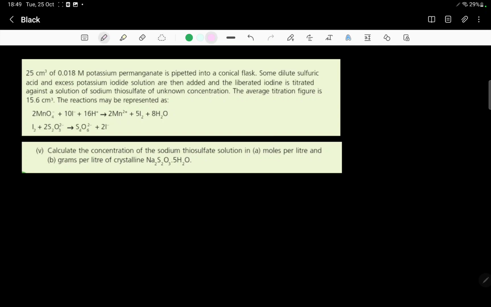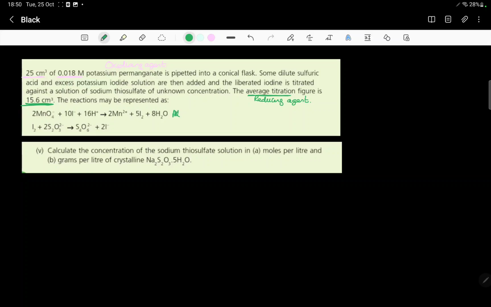Okay, so what we're going to do is we're just going to underline the important sections. Potassium permanganate is our oxidizing agent here. And the sodium thiosulfate, average titer is here, which is our reducing agent.